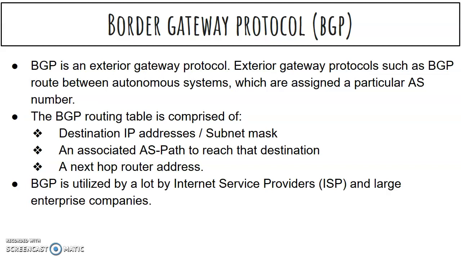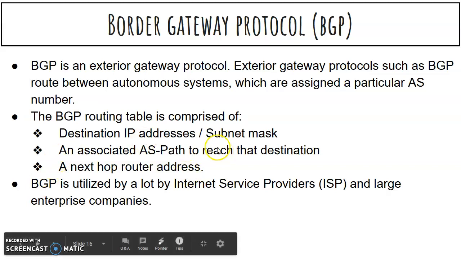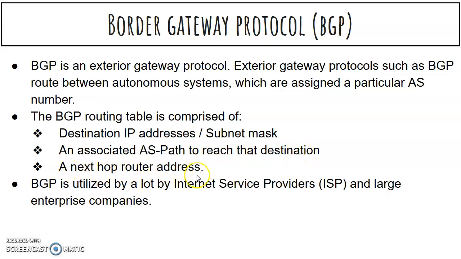The BGP routing table is comprised of destination IP address, the associated AS path to reach the destination, and a next hop router address. So these are the three parameters which are essential for implementing this protocol, and BGP is used by a lot of enterprises and internet service providers because there are different autonomous systems that are connected, and everyone is aware of that.